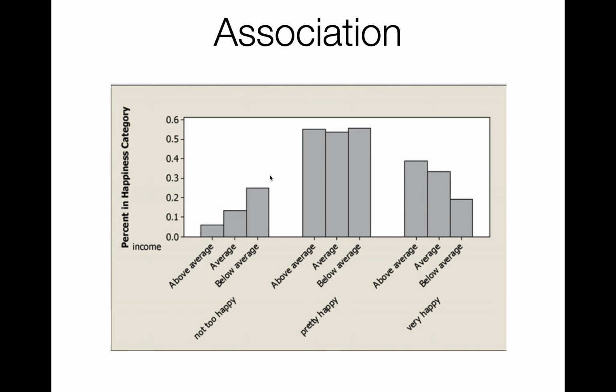And if they're not, or not even close, then we say there's an association. Okay, and looking here, it's pretty clear that there does seem to be an association, which makes sense in our minds and with what we believe to be true in the world.